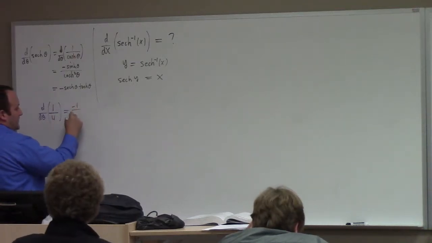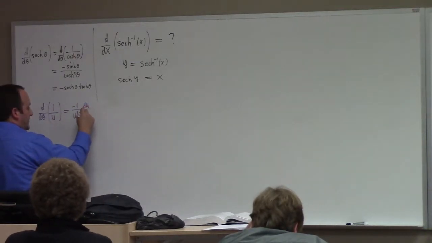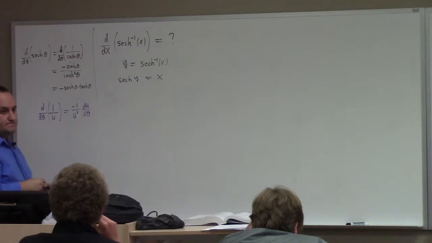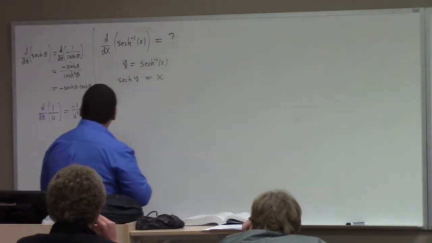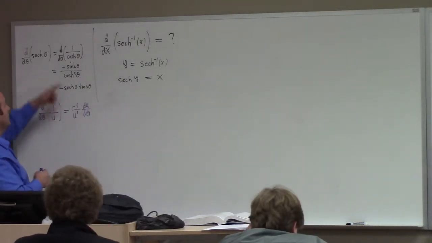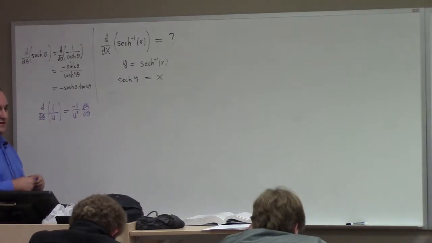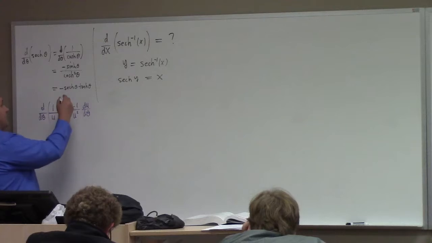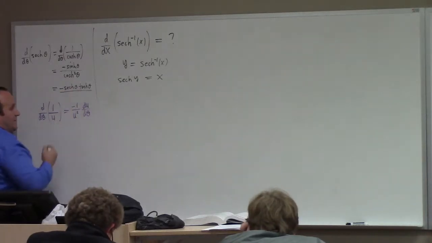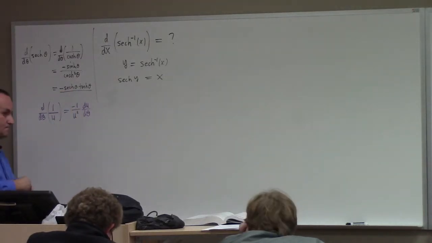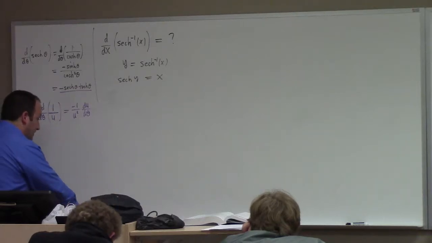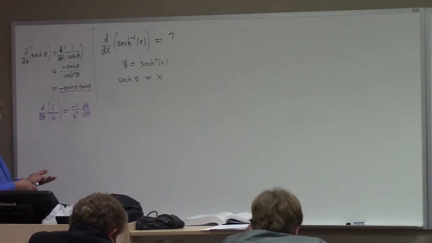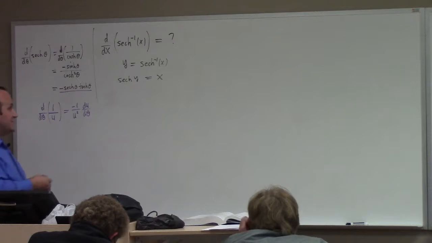That's minus 1 over u squared times du d theta by the chain rule. Okay. Yeah, so if you don't like that, you could do the quotient rule. But all roads should lead to the derivative of hyperbolic secant being minus hyperbolic secant, hyperbolic tangent. Once we know that, we can make progress here.